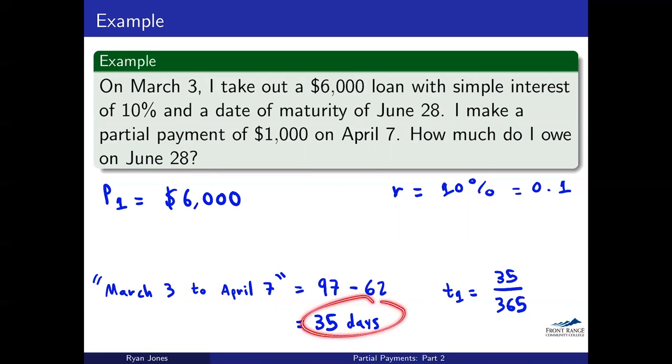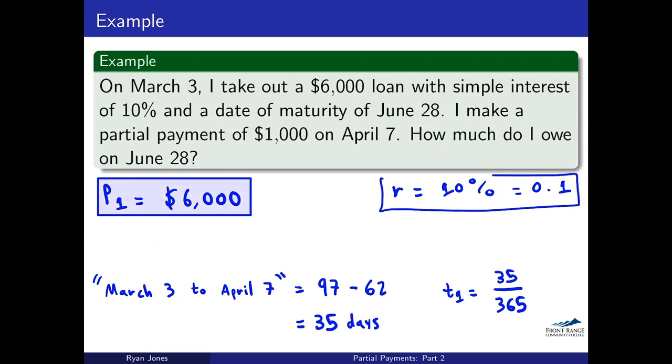If you got an answer like 720 or a negative number, something just crazy that didn't make sense, you should be able to catch yourself there and recognize the error. So we've got 35 days for the first partial payment right there. And so that's going to be our T1. Let's go ahead and box some of these because I am actually going to have some more important things I want to point out.